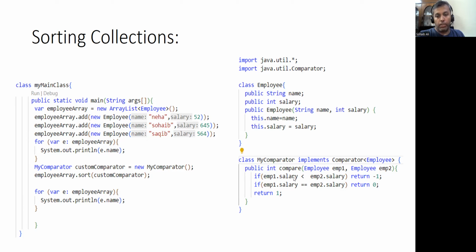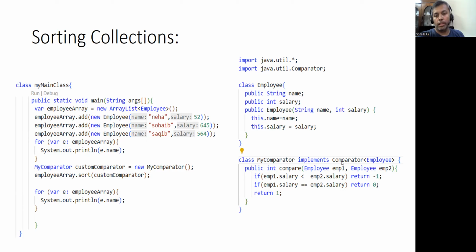And then I can compare those employees based upon their salaries. For example, I can say that if the salary of employee 1 is less than employee 2, then return -1, otherwise return 1. If it's the other way around, or if the two employees have the same salary, then return 0.